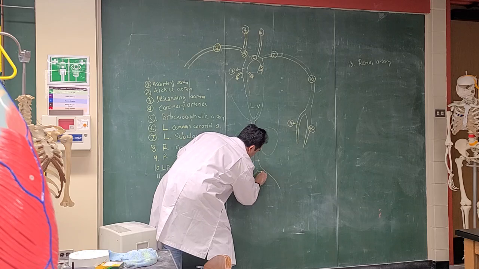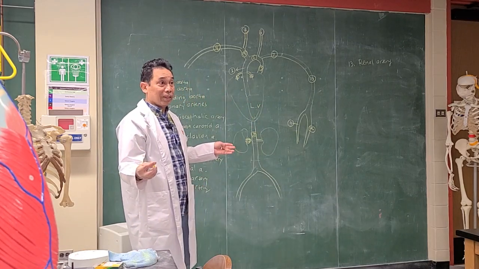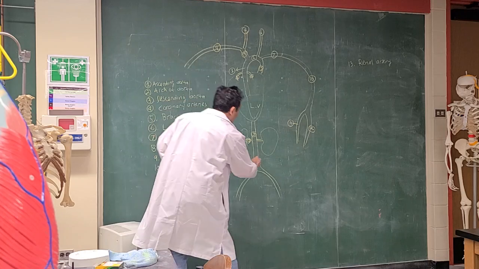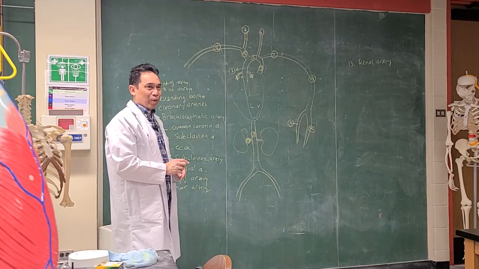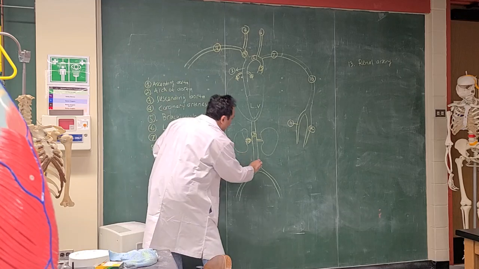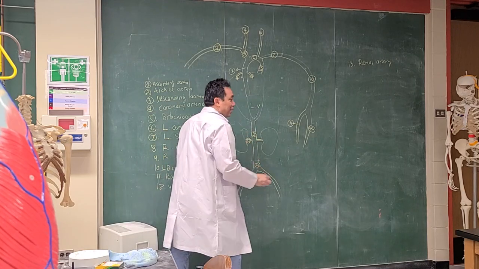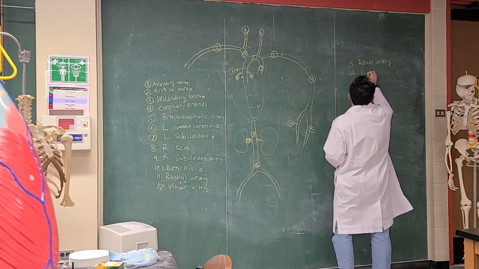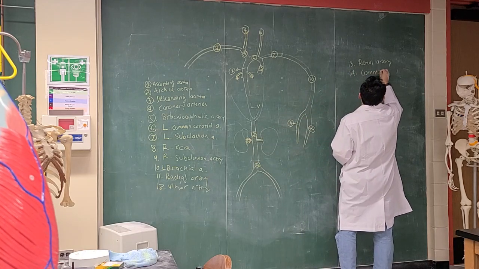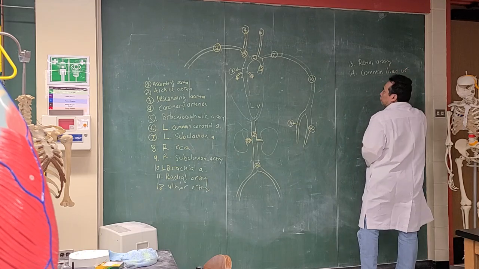To the legs. Okay, to the leg. At the end over here, this descending aorta will become what we call number 14 over here. Number 14 is called common iliac artery.